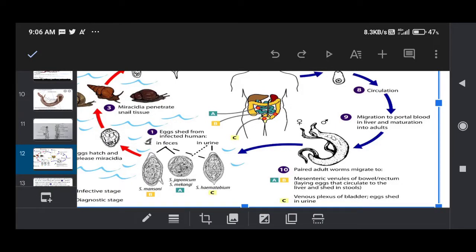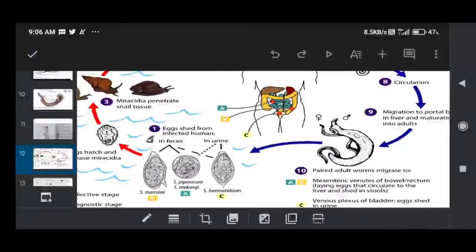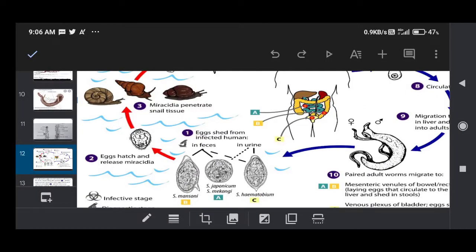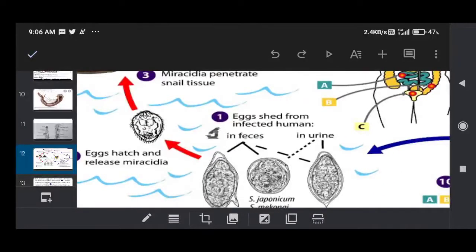Whenever these eggs touch water, immediately the miracidium larvae are released.